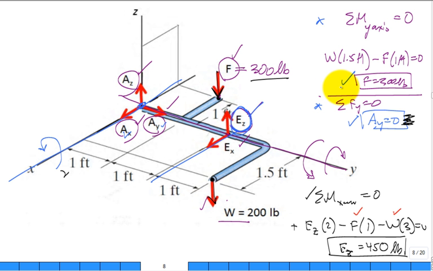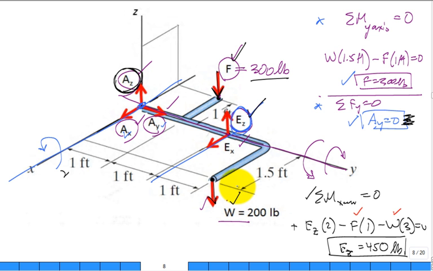Who wants to help me with another one? Okay, you got one? Tell me which one you're going to solve for and then what equation you're going to apply. You're going to solve for AZ? Okay, if you solve for AZ, what equilibrium equation are you going to use, knowing already the solution for EZ and that F and W are known?